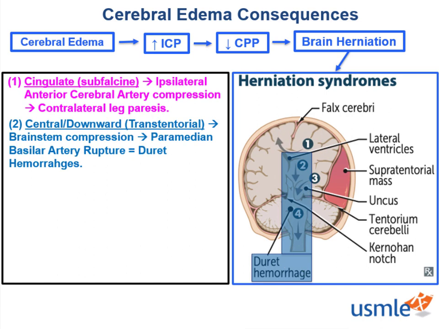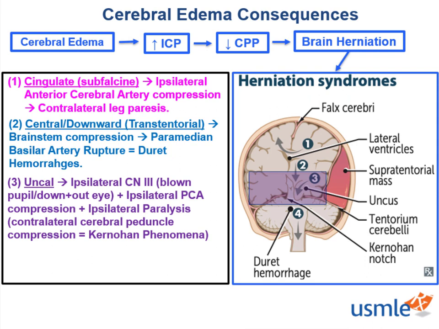In a central or downward herniation, the thalamus, hypothalamus, and temporal lobes are forced transtentorally through the tentorium cerebelli, leading to pressure on the brainstem and rupture of the paramedian basilar arteries, called Duret hemorrhages. This can lead to posturing and death.